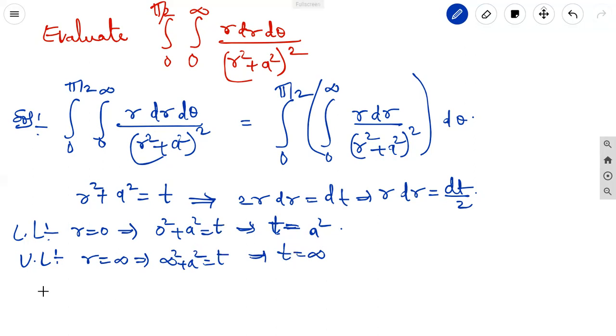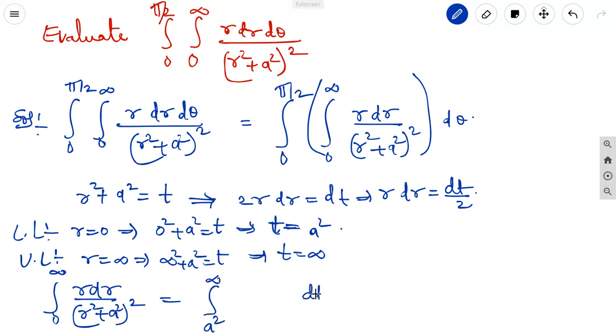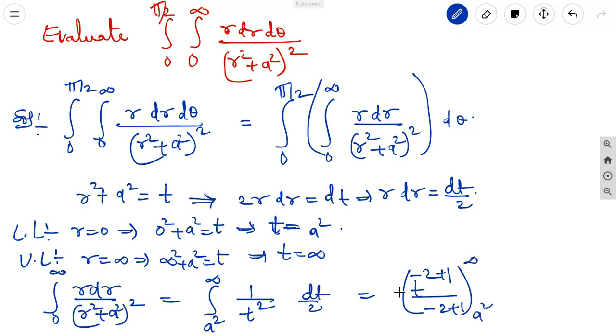Now we can integrate the integral 0 to infinity r dr by (r² + a²)². It is equal to the integral, lower limit a² to infinity, r dr is dt by 2, 1 by t². It is equal to t to the power of minus 2 plus 1 by minus 2 plus 1, limits from a² to infinity, with 1 by 2 in front.